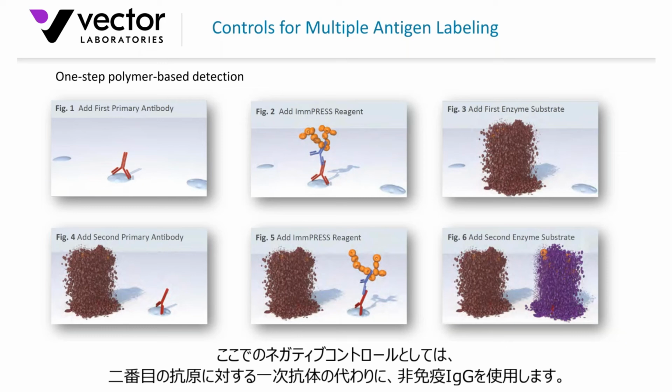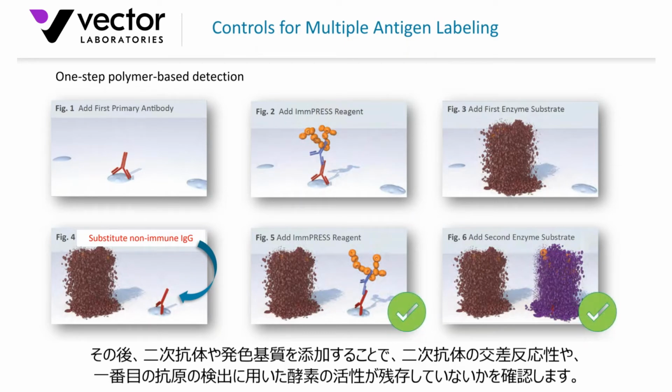So the idea would be, for a negative control, to substitute in a non-immune IgG for this second primary antibody. And then you would continue to run this secondary detection reagent, apply that, and apply your second enzyme substrate.